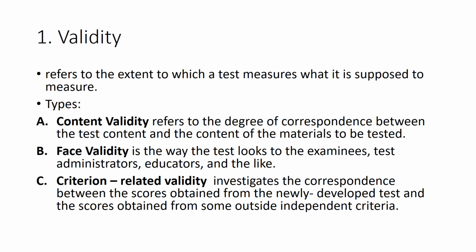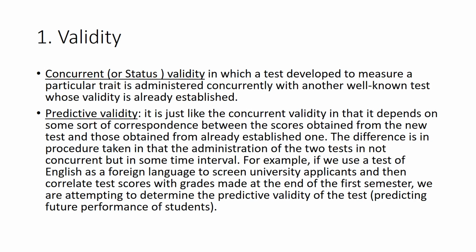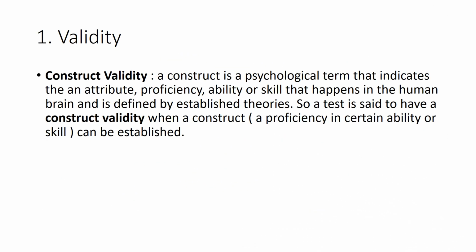A construct is a psychological term that indicates a theory, okay, or an ability or a skill that happens to be in the human brain, and this attribute or feature or proficiency or skill or ability that you have in the mind has been accounted for by what?